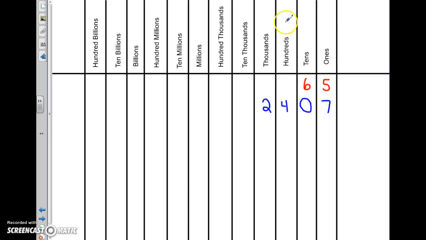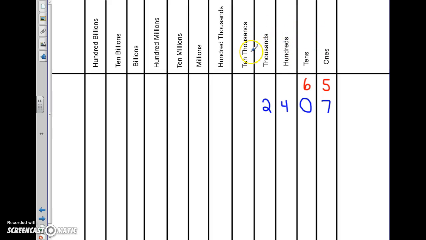Now, as we look at this place value chart, you'll notice that we have ones, tens, hundreds, thousands, 10,000s, 100,000s, millions, 10 millions, 100 millions, billions, 10 billions, 100 billions. If you notice this pattern, it has a repeating pattern of ones, tens, hundreds.